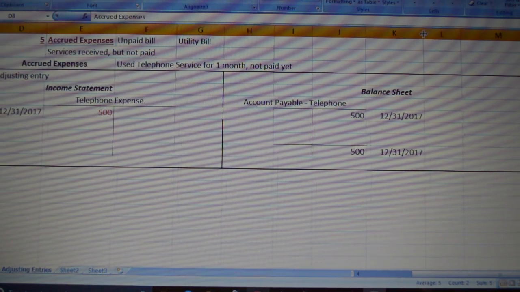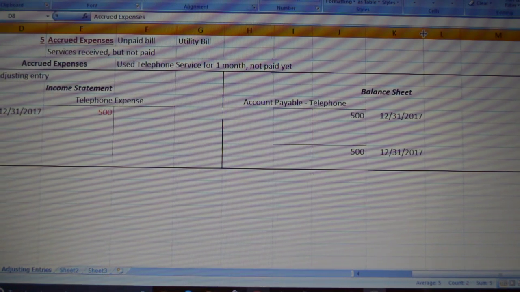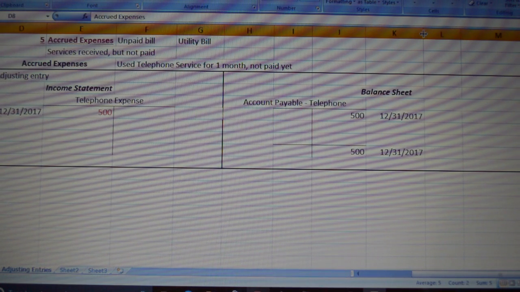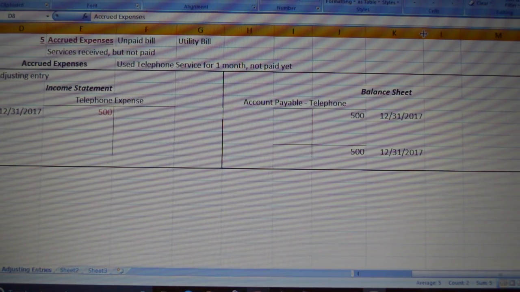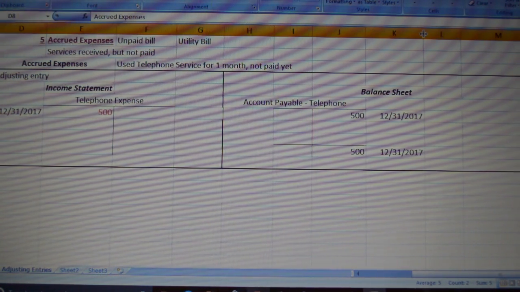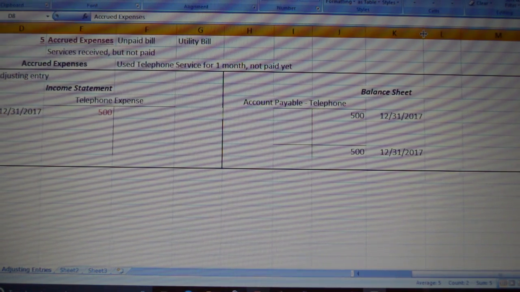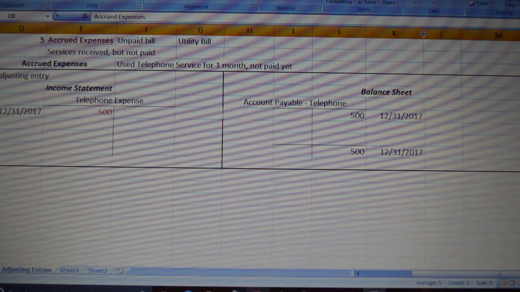Now, in all our examples, you have seen that the adjusting entries affect one balance sheet account and one income statement account. They are made at the end of the period. Once we come up with the unadjusted trial balance, we will use the worksheet and we will make all the adjustments adjacent to the accounts.